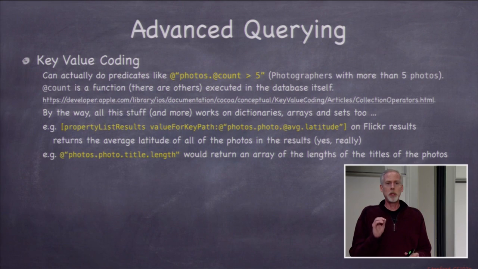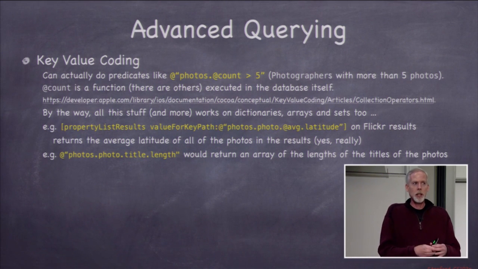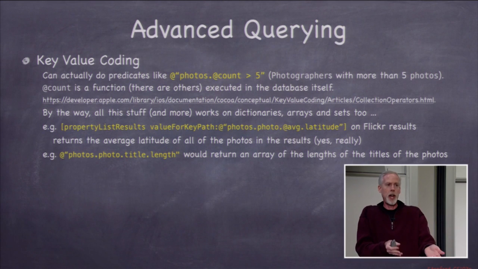And one of the functions, which you probably will need for your homework, so pay attention, is @count. So if you put @count in the thing you're querying for, as long as the thing to the left of it is an array, or a set, one of these NSSets, then it will replace that with the count of how many things are in that set.